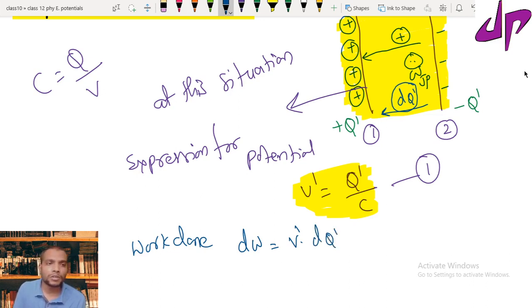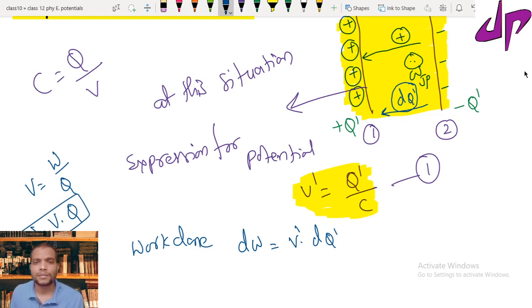If you remember the potential formula, potential V is work done per charge, so work done equals potential times charge. Since I am only carrying positive charge, dw equals V dash times dq dash.